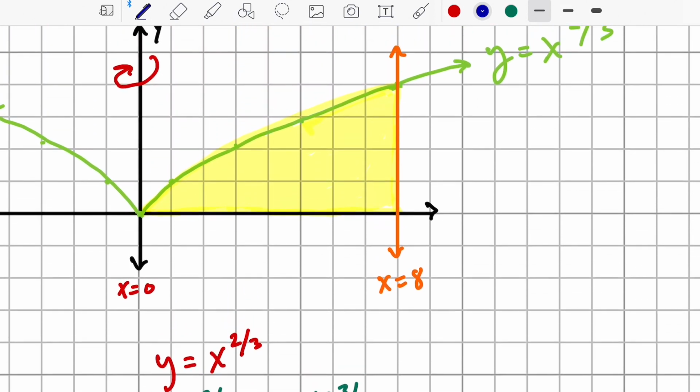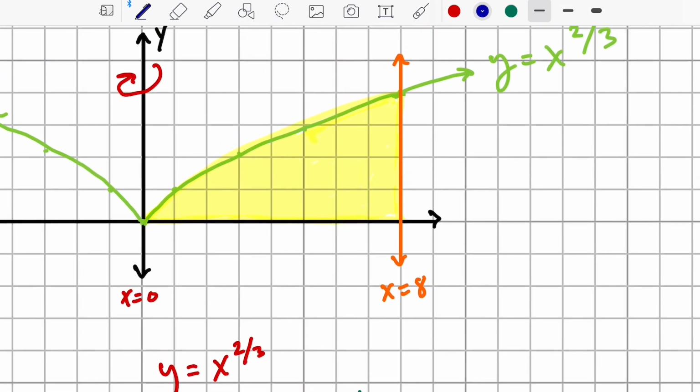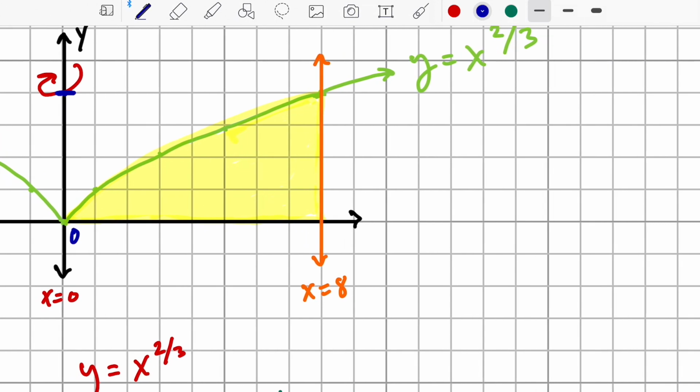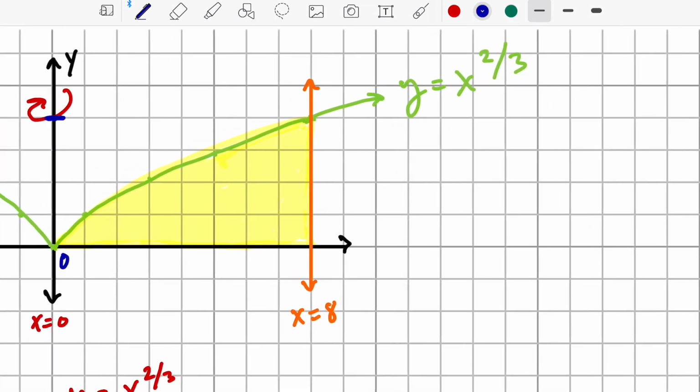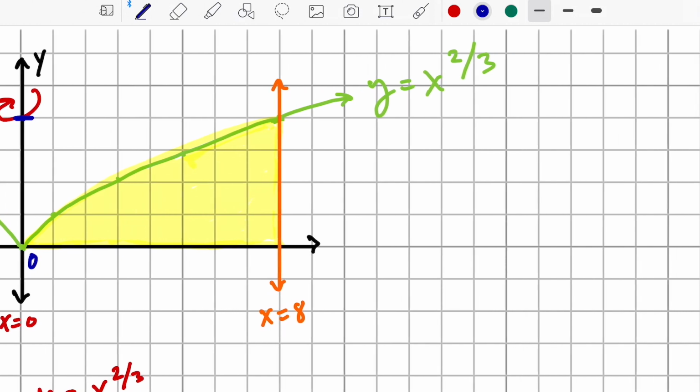We need one more thing. We need to find the limits of integration, which for now it looks like from 0 to this y value here. Now to find the y value, even though you can see it there, all you have to do is plug in the x value into your function. So y equals 8 raised to 2/3 power.